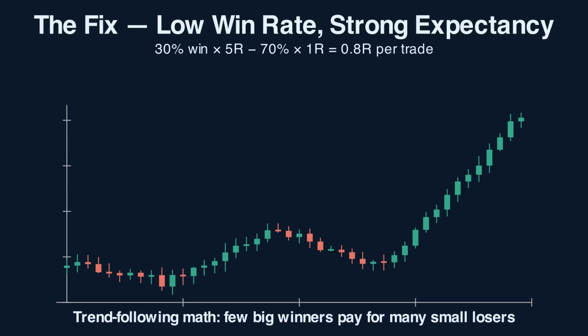That's a strong edge, 16 times stronger than the 70% win rate example. The strategy loses 7 out of 10 trades and prints money. The win rate was scary, the expectancy was beautiful. This is why famous trend-following hedge funds operate at sub 50% win rates without anyone batting an eye. The math works because the R numbers work.